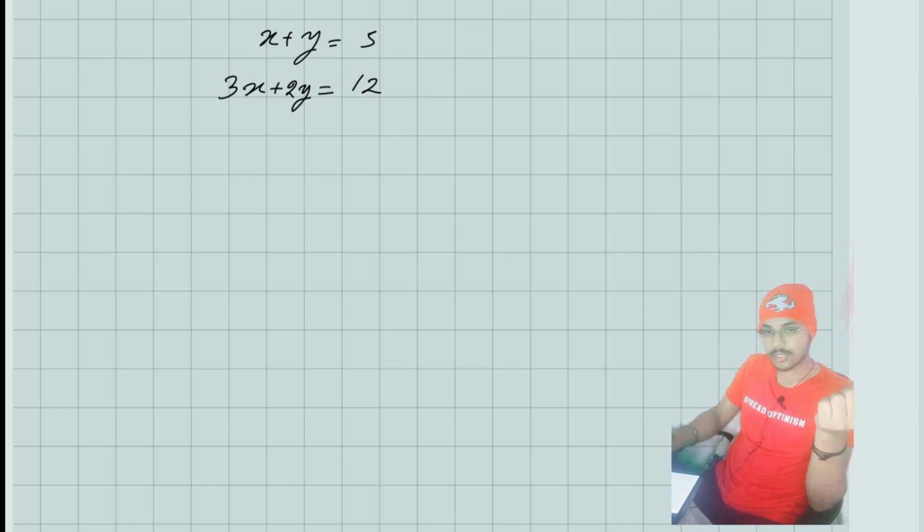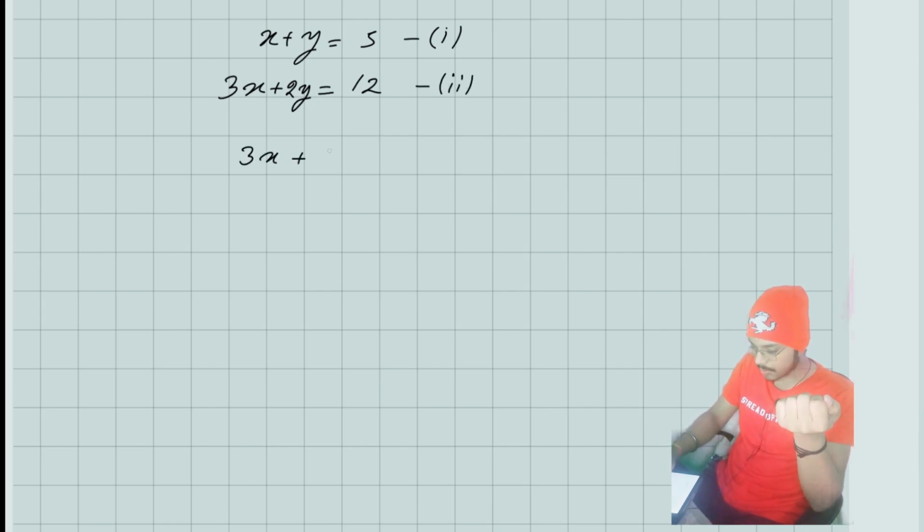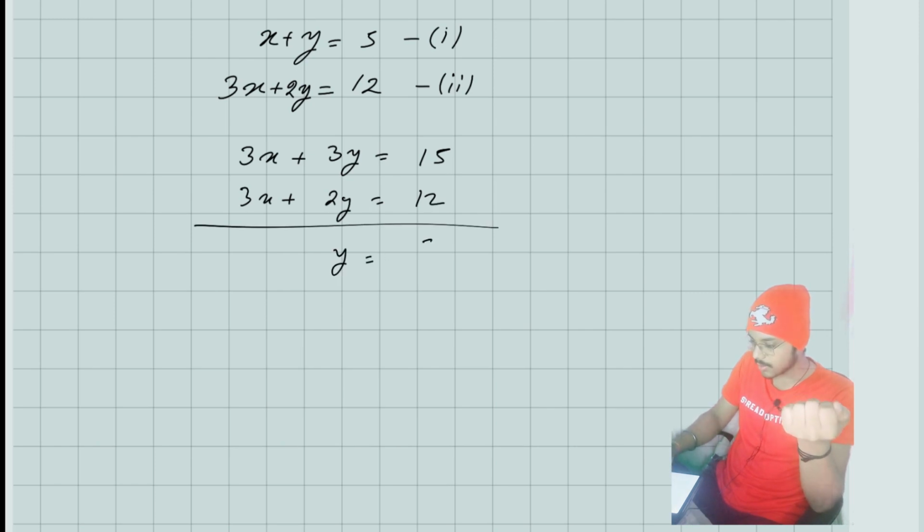So how can we solve this problem? Multiplying 3 in equation 1. This is equation 1, this is equation 2. I am doing it very fast, so I hope you know all these things. So 3x plus 2y equals 12 and y equals 3. If y equals 3, then x equals 2. That means the number of products A is 2 and the number of products B is 3.